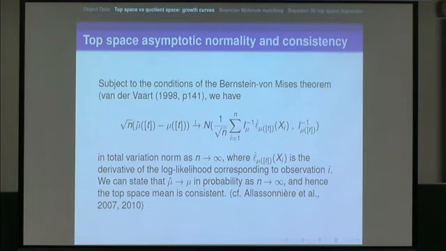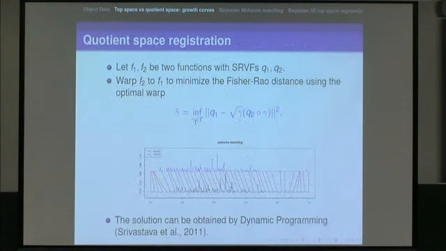With this particular model being in the top space, the properties of consistency follow from work from Alain and Stephanie Alassonniere and colleagues. This means that if you have an original mean, then as long as you have enough data, you will estimate that mean consistently, and you can say something about how it varies about that mean as well.